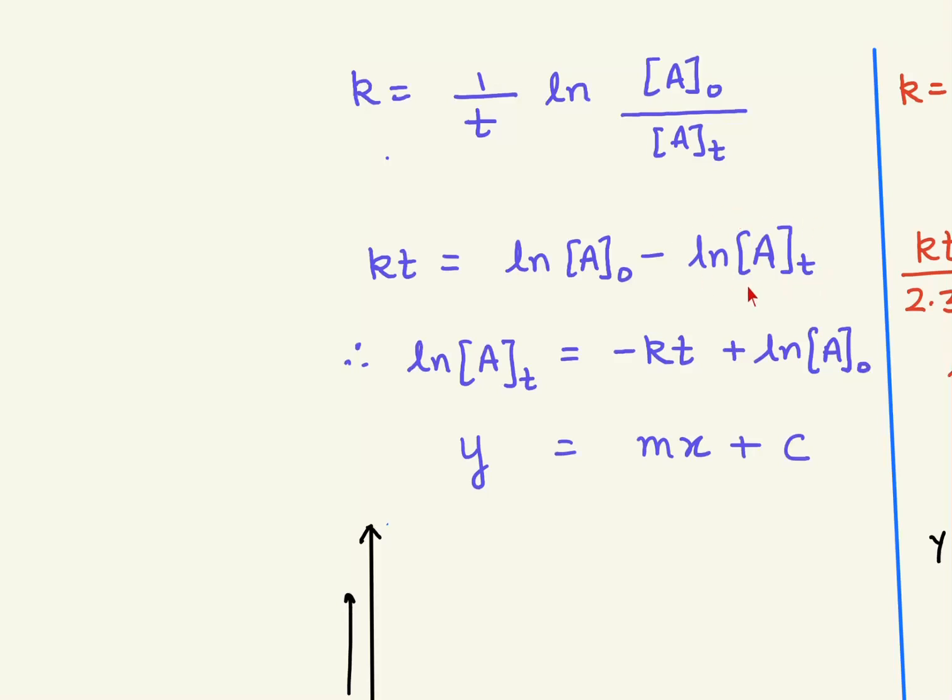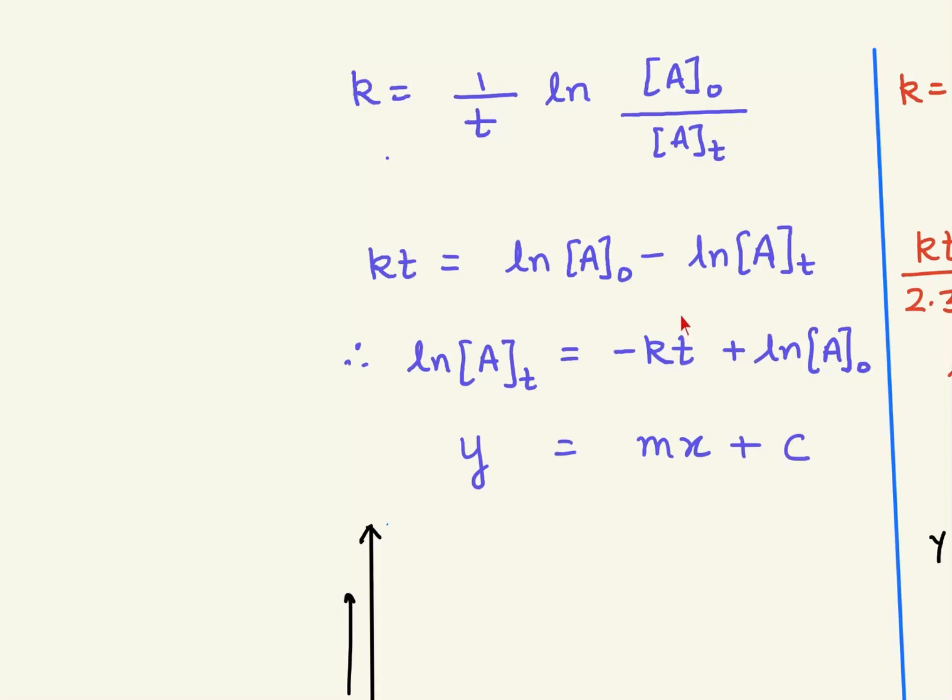Natural log of at, that is what is changing with time, just like the value of y changes with the value of x. So this is my y. I've got it to the left hand side in order to match it with the equation y is equal to mx plus c.